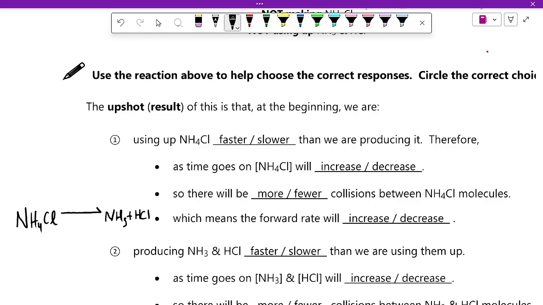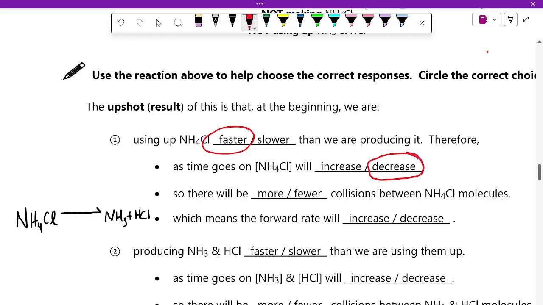As an upshot of this forward reaction being fast and the reverse reaction being 0, are we using up NH4Cl faster or slower than we are producing it? We are using it up faster than we are producing it. Hopefully that makes sense. Give me a wave if it does not make sense. Okay. Therefore, as time goes on, the concentration of NH4Cl will decrease.